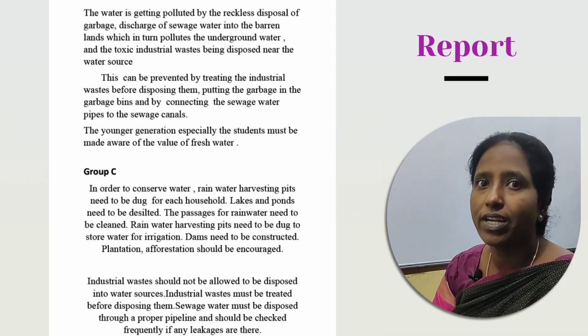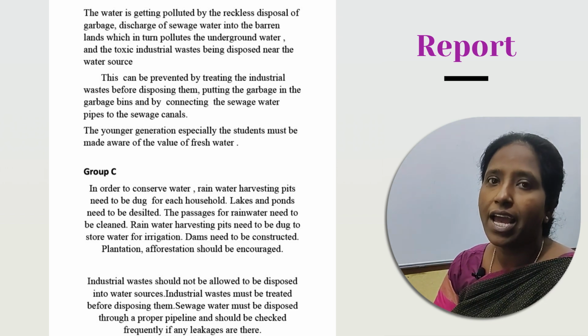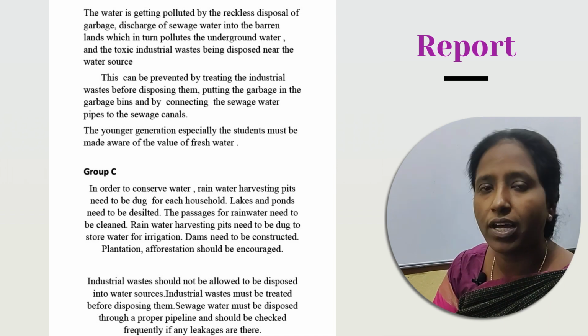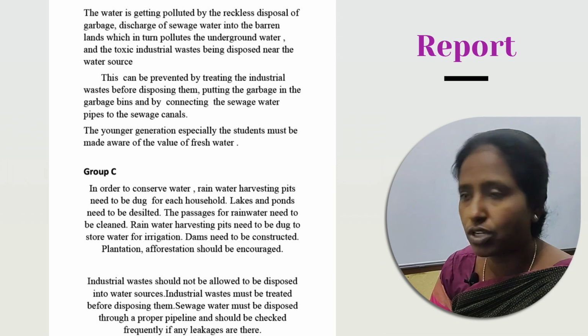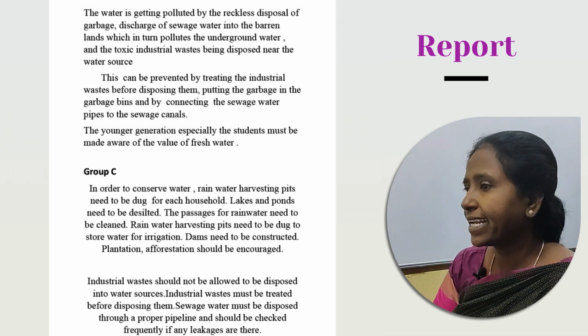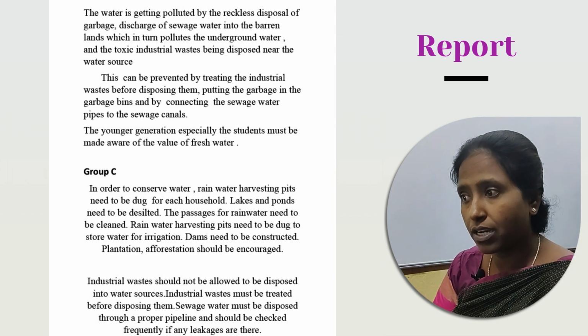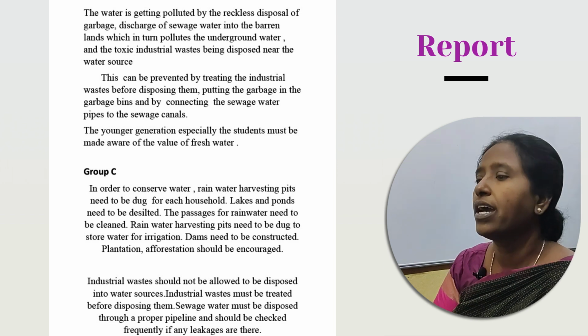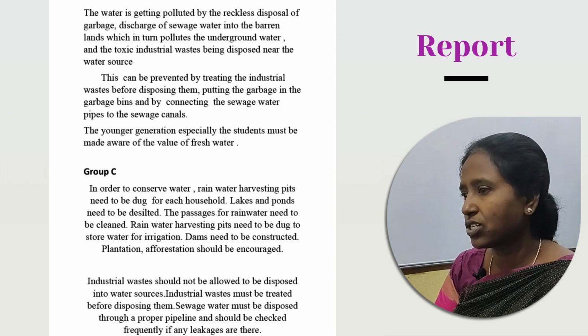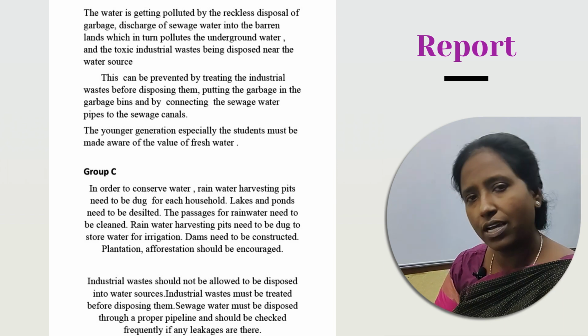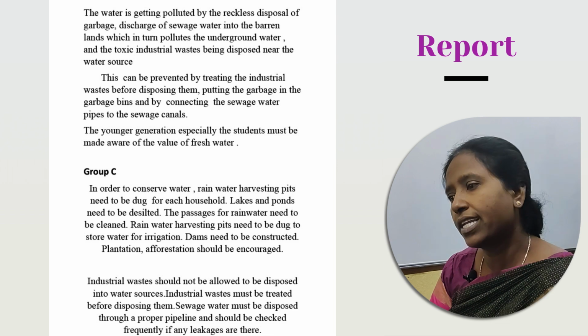So we have to see to it that the rainwater flows correctly and reaches the correct place, so that it can be used for irrigation for our future use. Rainwater harvesting pits need to be dug to store water for irrigation. Dams need to be constructed. Plantation, afforestation also means plantation only, should be encouraged.